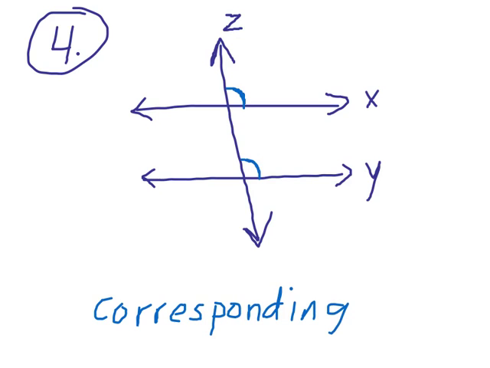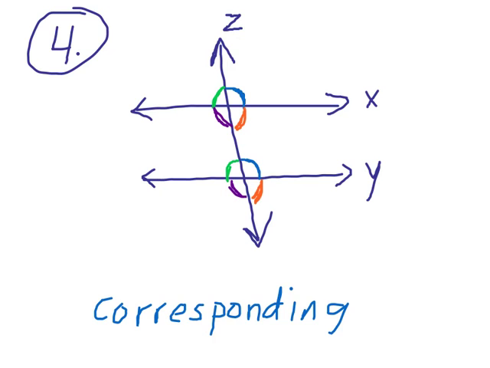I think you could. Those are corresponding in blue. These are corresponding in orange. Other corresponding angles. This and this corresponds. Are there any more corresponding? Yes. This angle here corresponds to this angle here.